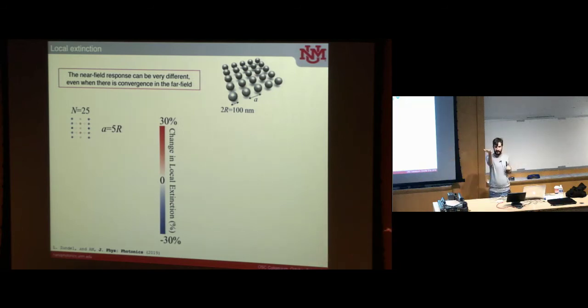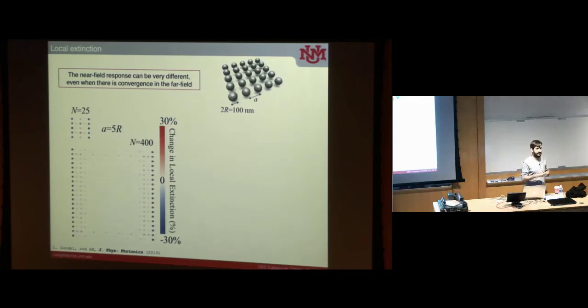We are coming with a plane wave, normal incidence, so all the particles have the same induced dipole, right? However, you see here, for 25 particles, even though the extinction was almost perfect, you don't have the same induced dipole in all of them. At the center, you get a result that is very similar to the infinite case. It's almost indistinguishable. But when you go to the edge, you have a big difference.